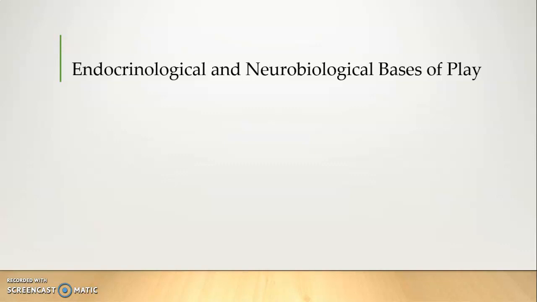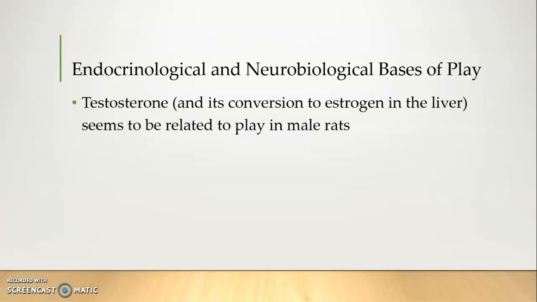And indeed, it turns out that testosterone, which seems to underlie a lot of aggression, also seems to underlie play. Now, testosterone and estrogen are both sex hormones, and they're relatively similar. It is possible, for instance, for testosterone to be changed into estrogen and vice versa.